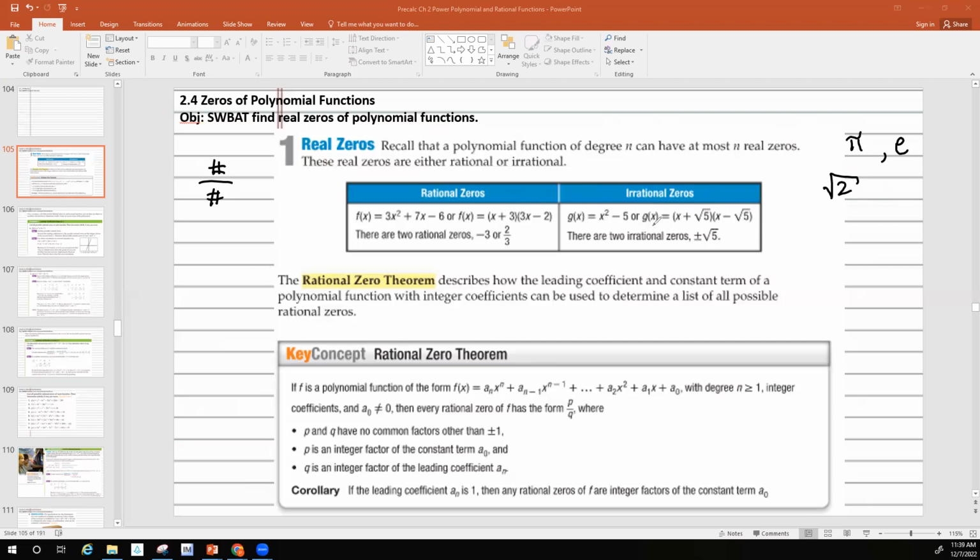Now, we can figure out what the rational zeros are by looking at the constant, the last number of the polynomial, and the lead coefficient. So we're going to look at that one soon.